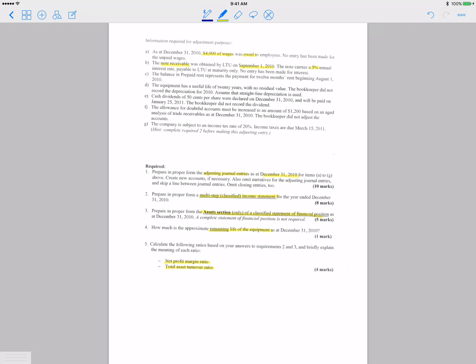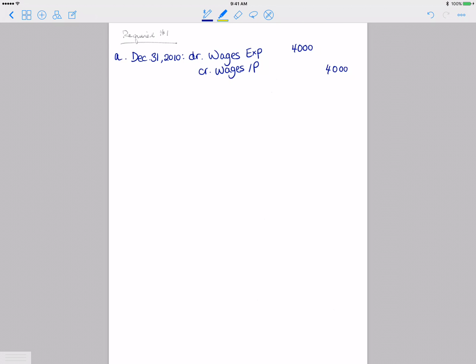So now we need to calculate the amount of interest. It's important to note that in this question, we are looking at, again, December 31st, 2010. Now we're dealing with a note receivable, not a note payable. Therefore, this is an interest revenue or an interest income.